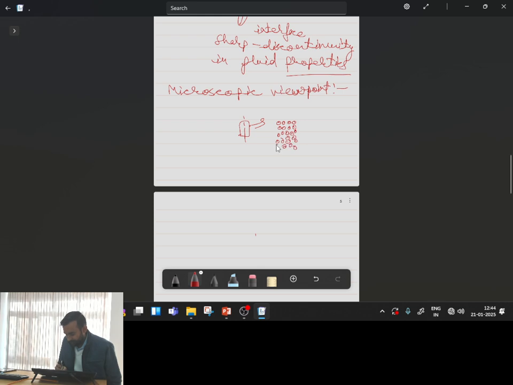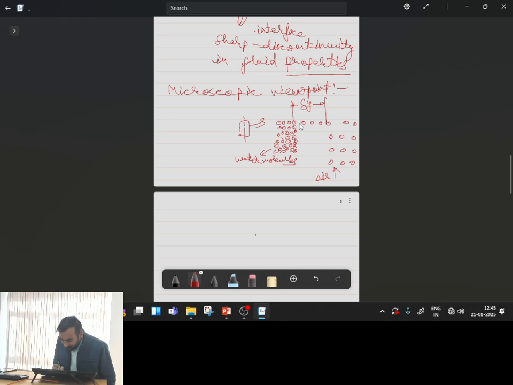So all these are nothing but water molecules. And then here I will have loosely packed molecules, which will be air molecules, and there will be some zone of certain thickness, say delta y, in which the molecular arrangement will be something like this.